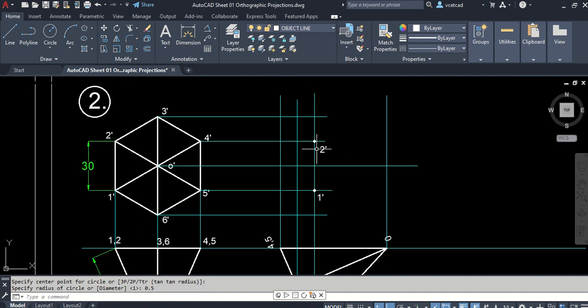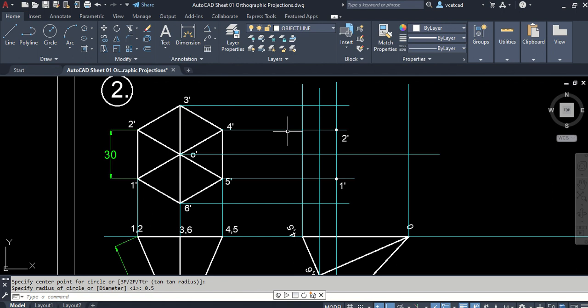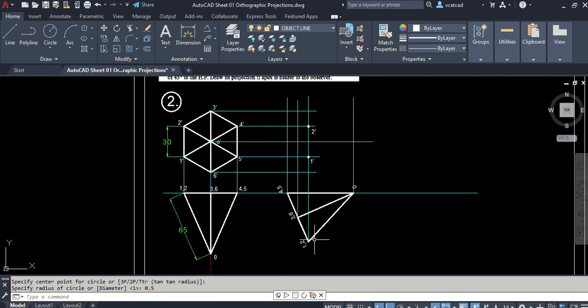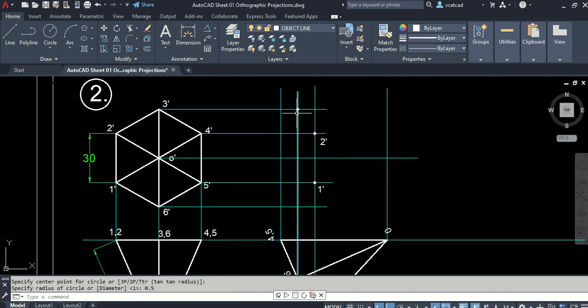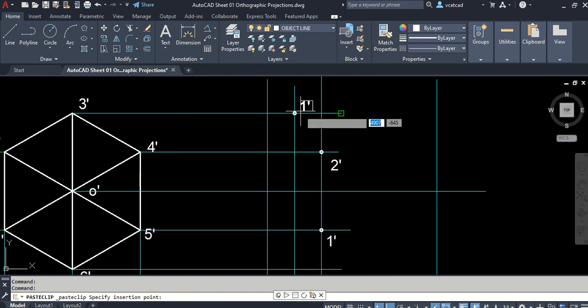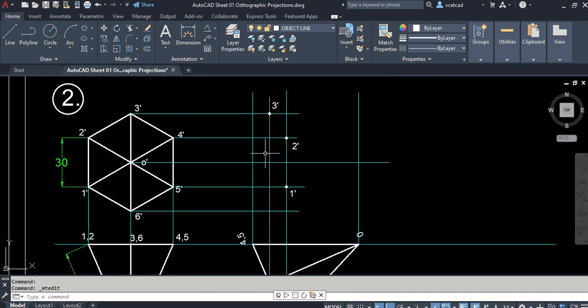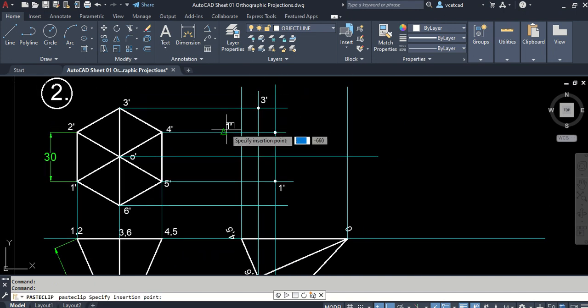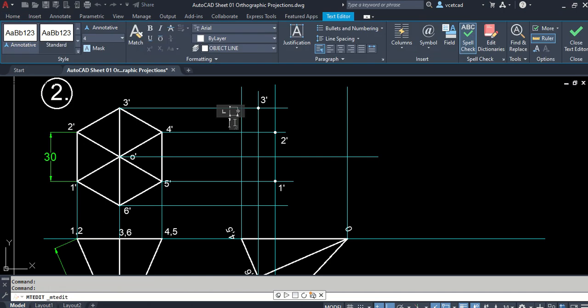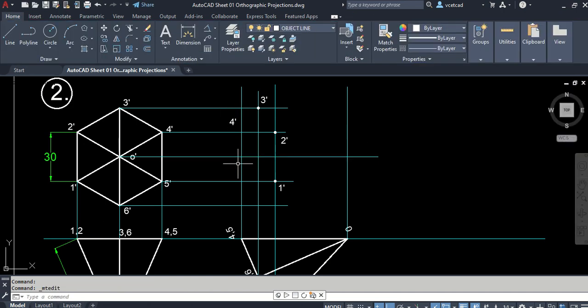Okay, then locate the point 3 dash, 3 dash horizontal, 3 vertical. So here is that point. Okay, so this is that point. 3 dash. Similarly locate point 4 dash. Locate point 5 dash.